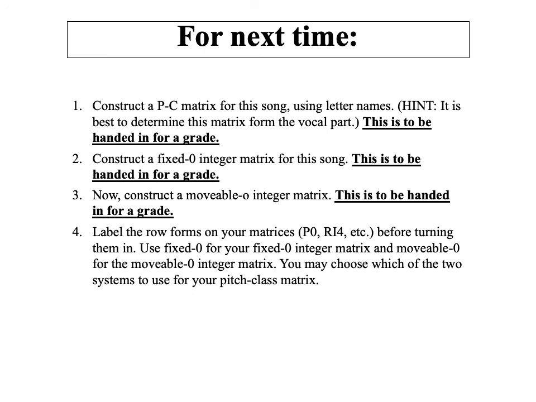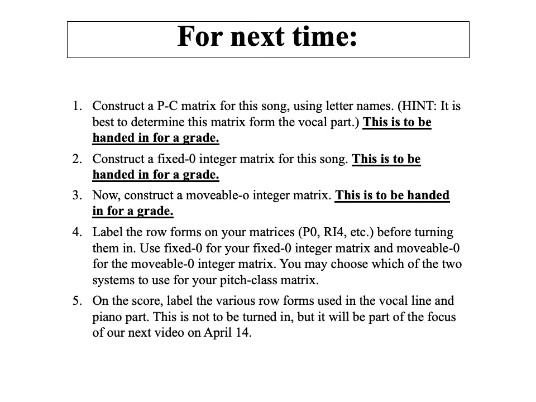And then what you don't turn in is this: look at the score again, and on the score, label the row forms Webern is using at different points. It's easy to do with the vocal part because the singer can only sing one note at a time. The piano part's going to be a little bit more annoying because they can play more than one note at a time in a chord.